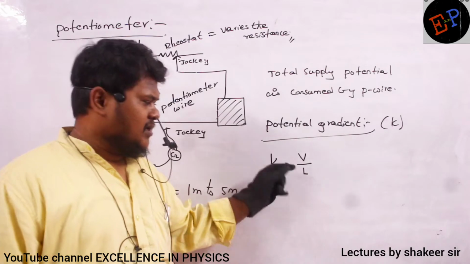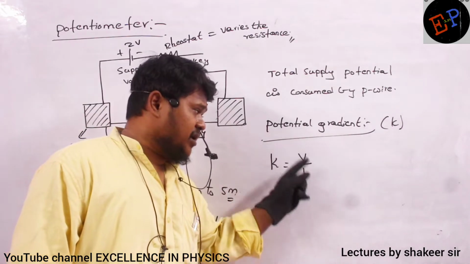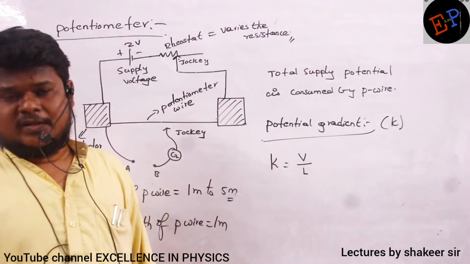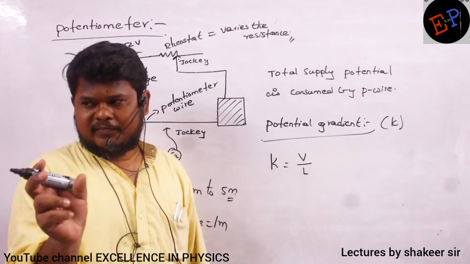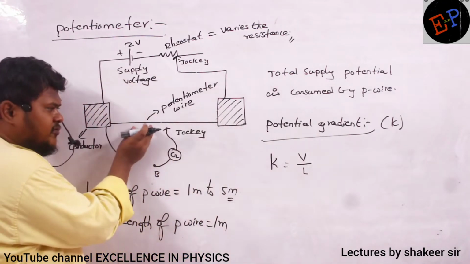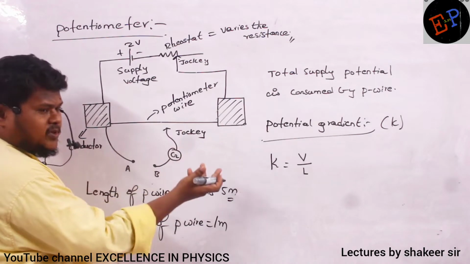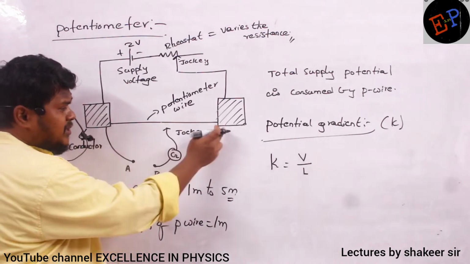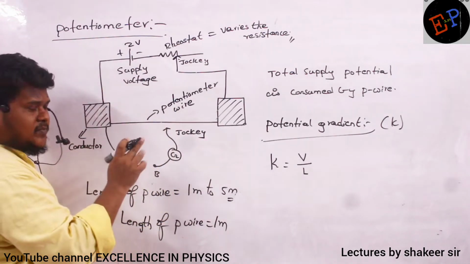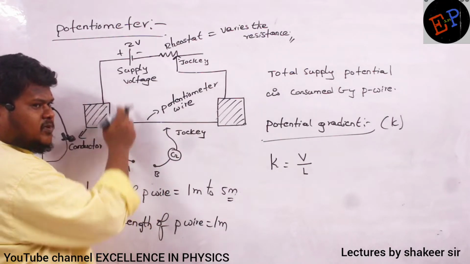For example, total 1 meter of wire will consume 2 volts.